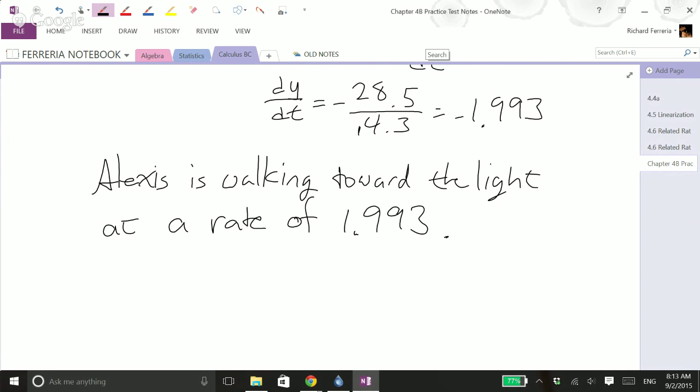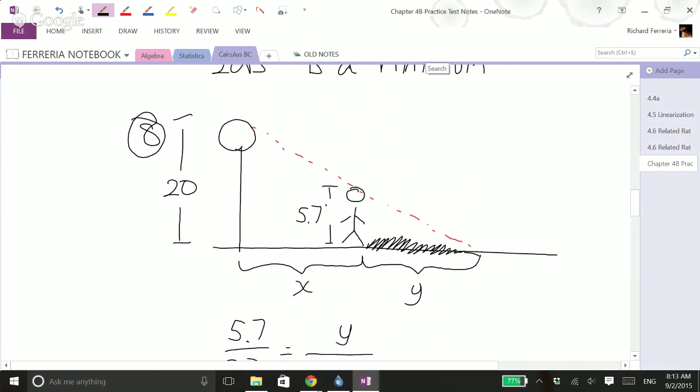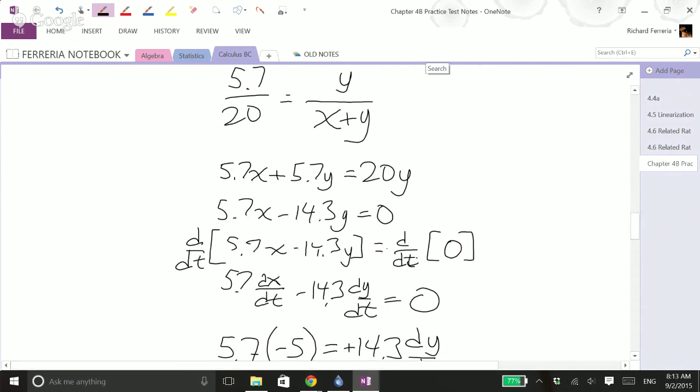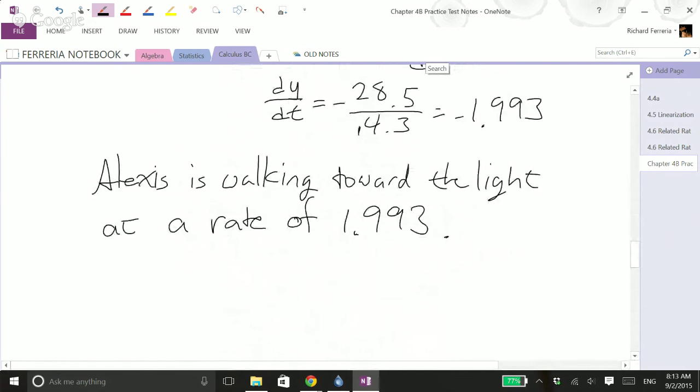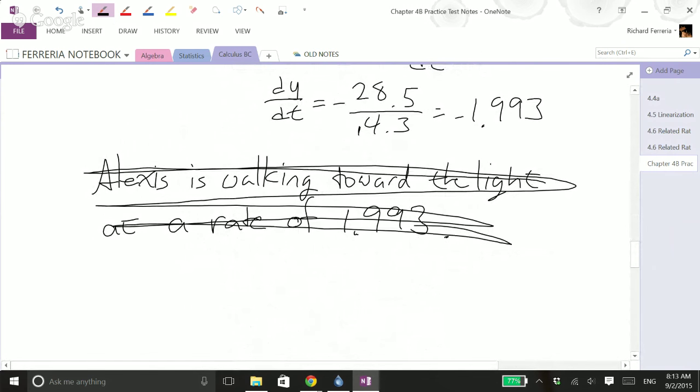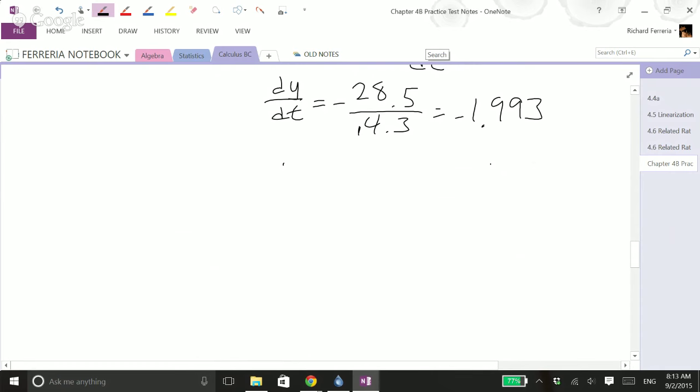Oh shoot, yeah, why is there shadow length, right? I totally messed that up. Why is the shadow according to my diagram? Totally messed that up. So let me rewrite that. So the shadow is shrinking, right?